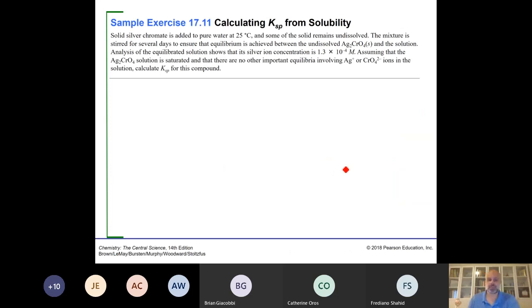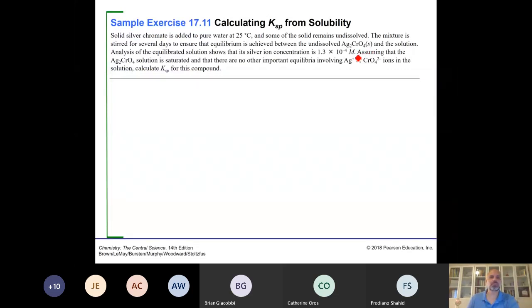Third sample problem here. Solid silver chromate is added to pure water at 25 degrees Celsius, and some of the solid remains undissolved. The mixture is stirred for several days to ensure that equilibrium is achieved between the undissolved silver chromate and the solution.